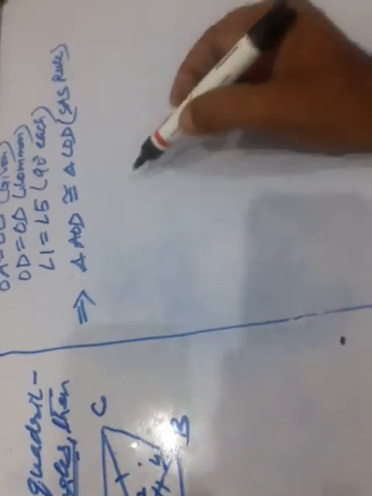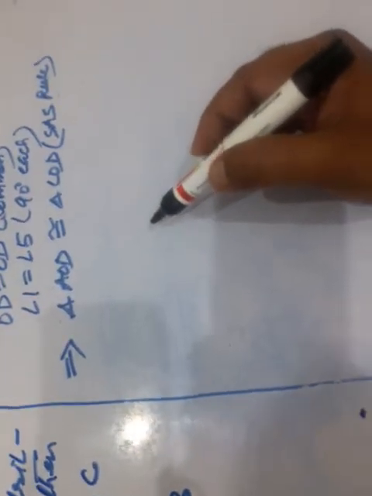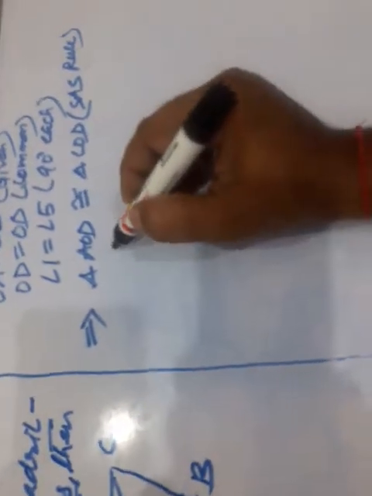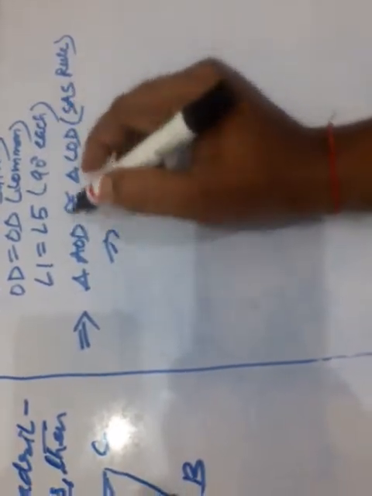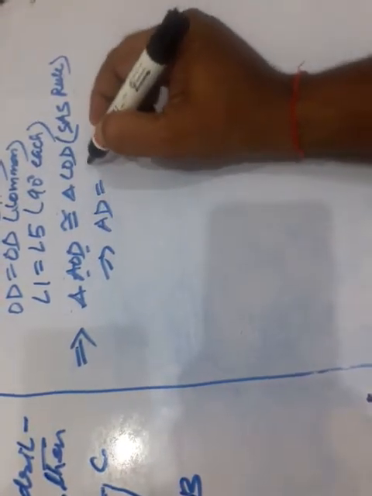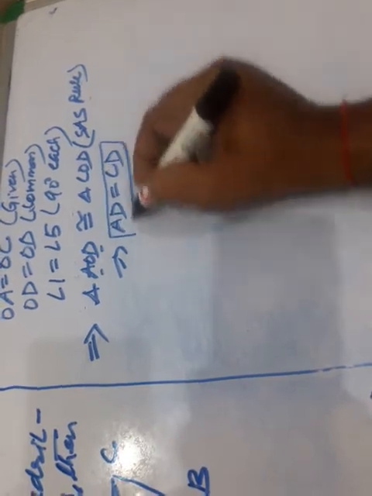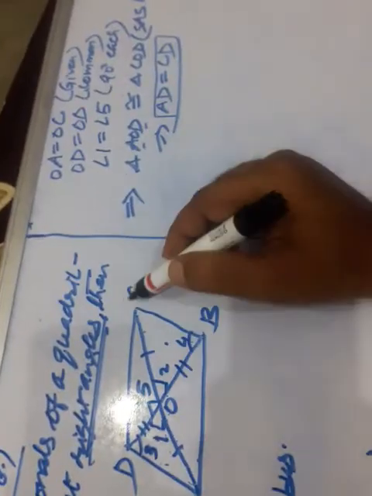We have shown that this triangle is congruent to this triangle. Now the important point is that this implies AD equal to CD. AD equal to CD we have proved.